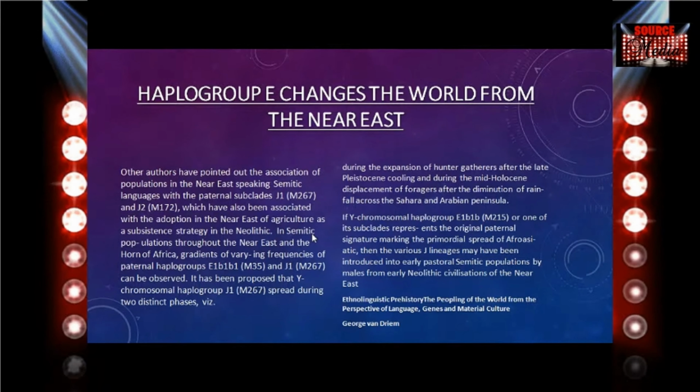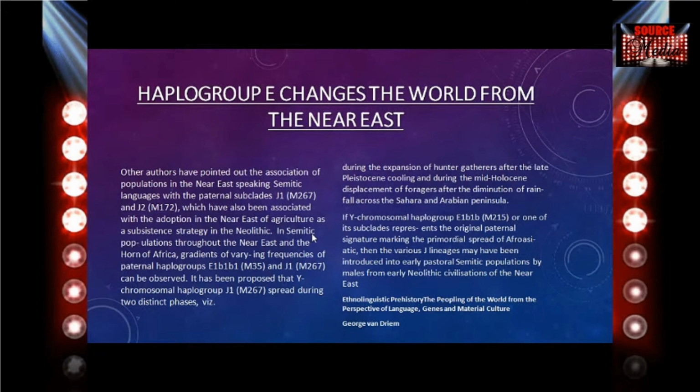It has been proposed that Y chromosomal haplogroup J1 spread during two distinct phases: during the expansion of hunter-gatherers after the late Pleistocene cooling, and during the mid-Holocene displacement of foragers after the diminution of rainfall across the Sahara and the Arabian Peninsula.